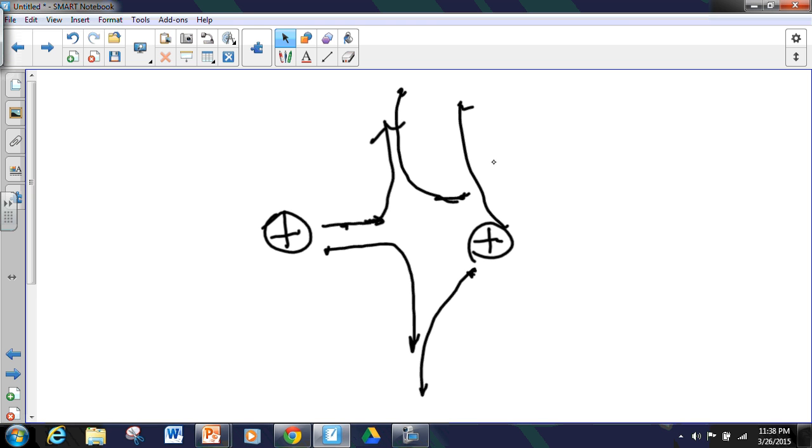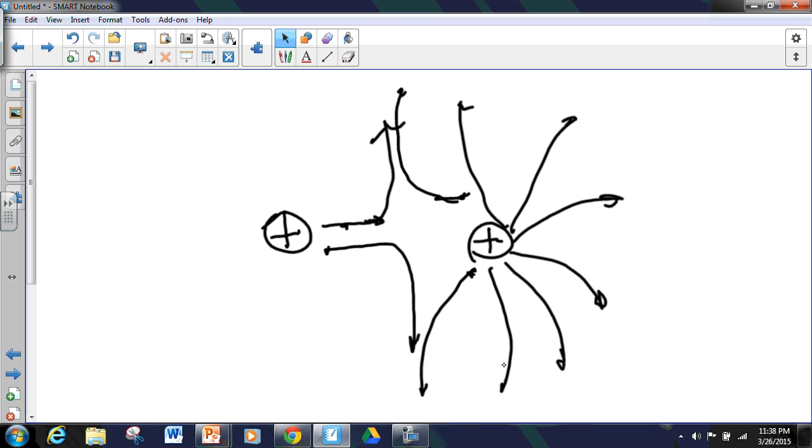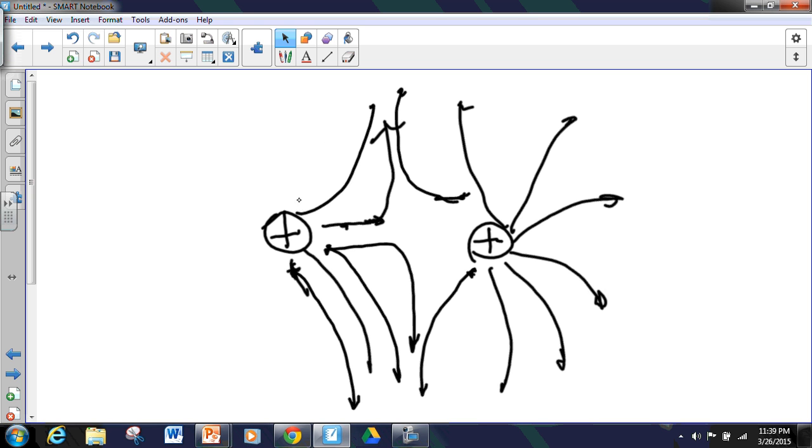So these lines can describe what happens around these charged objects. I'm drawing the lines because it's what would happen to a positive test charge. It's going to move outward until it gets into the force field of the other charged object, and then it's going to be pushed away from that. So the pattern is that they would repel each other.